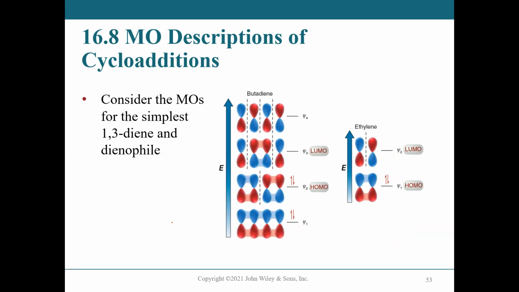You have no nodes here. It's all bonded. And this is talking about butadiene. And this is your 1. See how you get 1,3-butadiene.